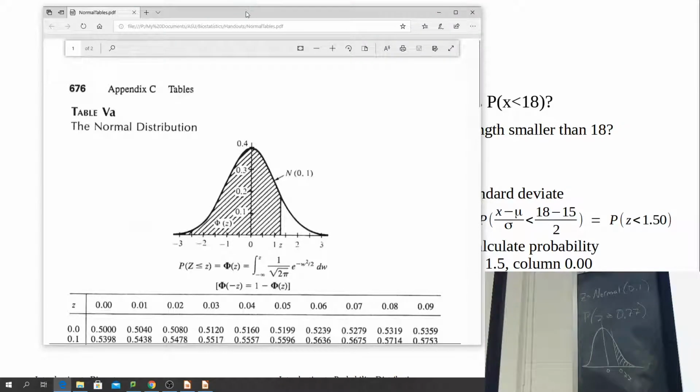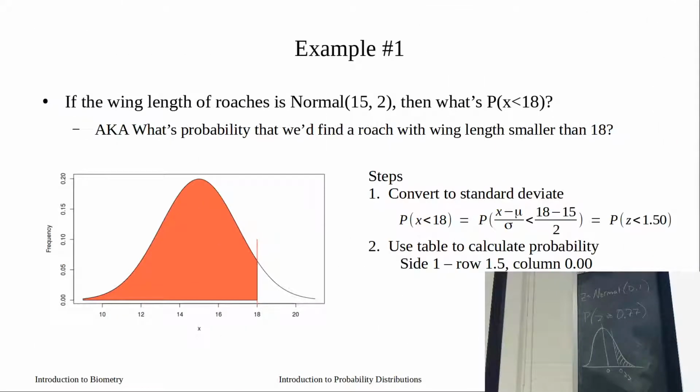This is the table we're going to use, that side. That table is normal 0, 1, so we have to convert our value to a z-score. I start off with the probability that x is less than 18, and then I use the z equation: x minus the mean, divided by the standard deviation.